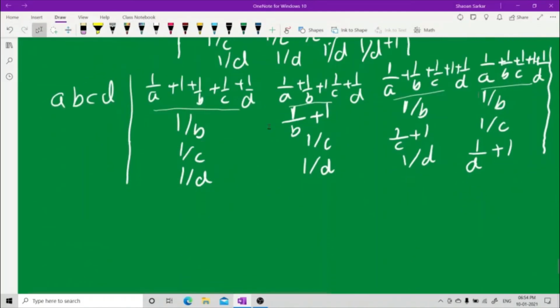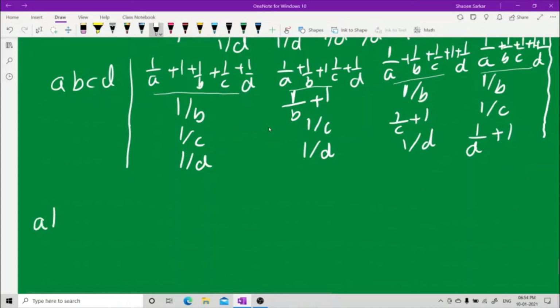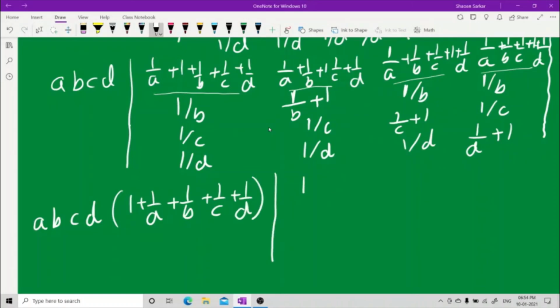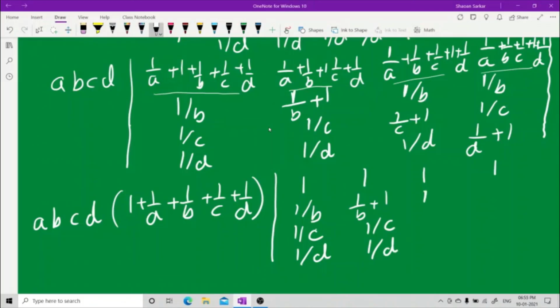Now let me take some more page. Here this is A, B, C, D, and this can be written as 1 upon A, 1 upon B, 1 upon C, 1 upon D, and here I take this as 1, 1, 1, 1 upon B, 1 upon C, 1 upon D, 1 upon B plus 1 upon C, 1 upon D, 1 upon B, 1 upon C, 1 upon D plus 1.